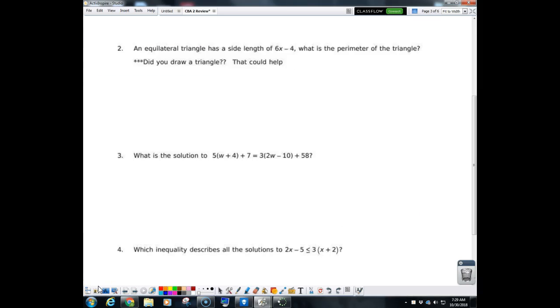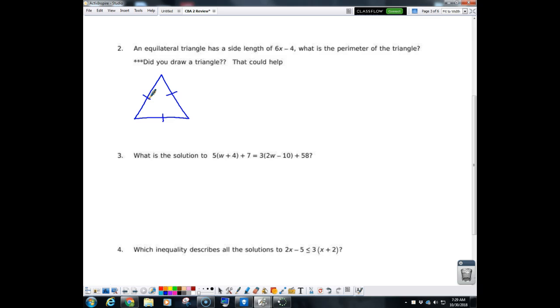All right, so number 2, an equilateral triangle has a side length of 6x minus 4. What is the perimeter of the triangle? If you don't remember, an equilateral triangle is a triangle where all the sides are equal. They're all the same length.